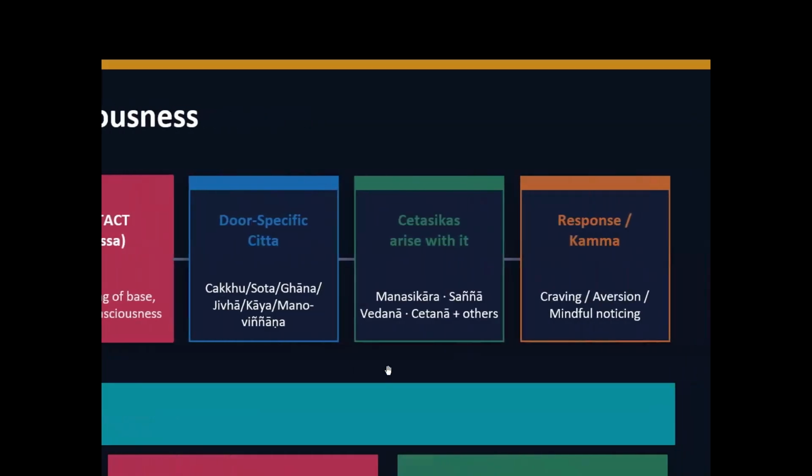So upon the arising of the so-called citta, cetasika will be the next to follow. Cetasika arise with manasikara, sanna, vedana, cetana, and others. So all these, whichever we associate with, will start to come upon it. So whether you like it, you hate it, or you're neutral in feeling, this cetasika will arise.